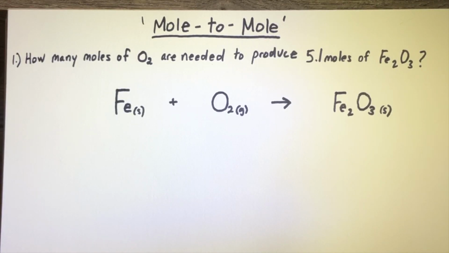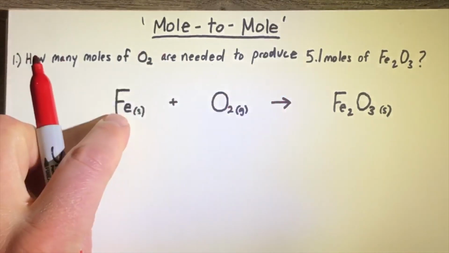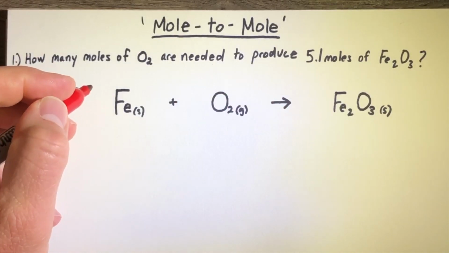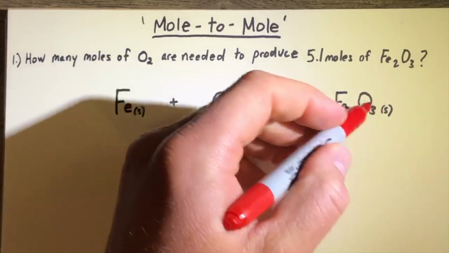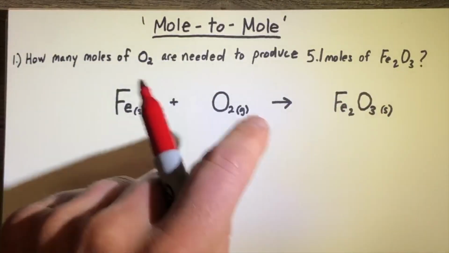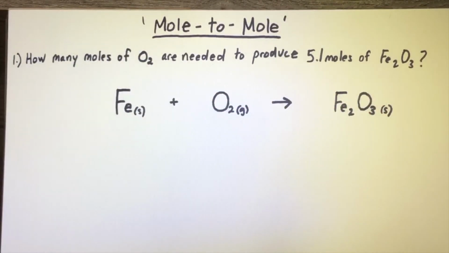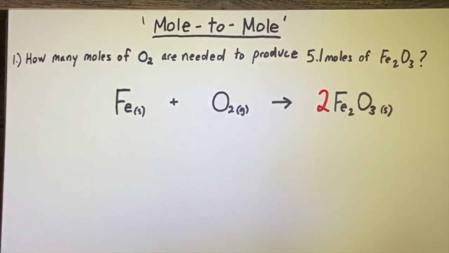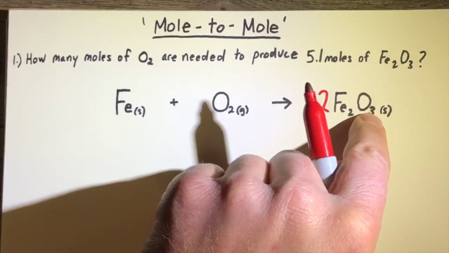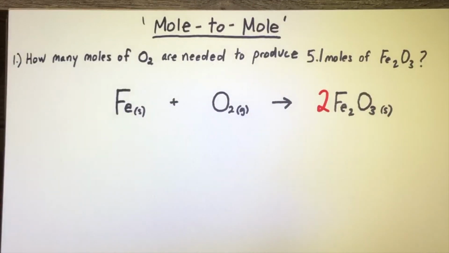Let's do that together. Well, we have 2 irons here, 1 here. So we think to put a 2 here, but we have an even number of oxygens here and an odd number here. So 2 and 3, the smallest number that goes into is 6. So if we do put a 2 here, well, 2 times 3 makes 6 oxygens.